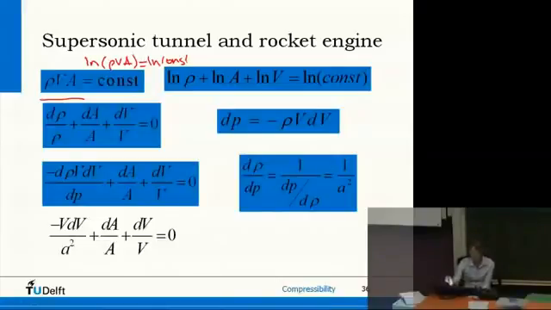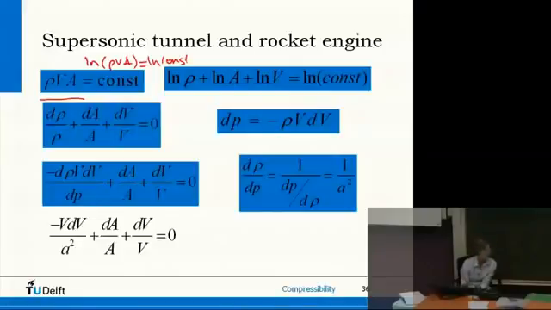So density, area, speed. Now I take the differential, so I differentiate. The differential of ln is 1 over, so I get on the left-hand side d rho over rho plus dA over A plus dV over V. And the differential of a constant is 0, so that's equal to 0.